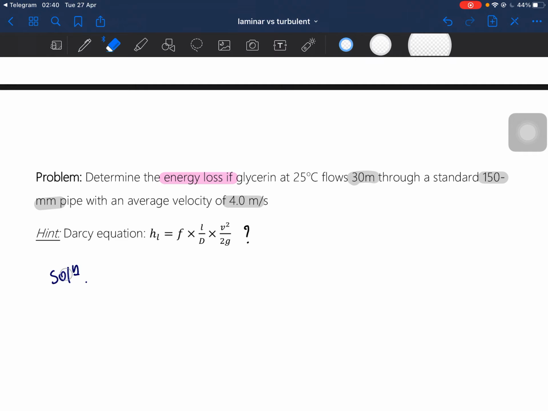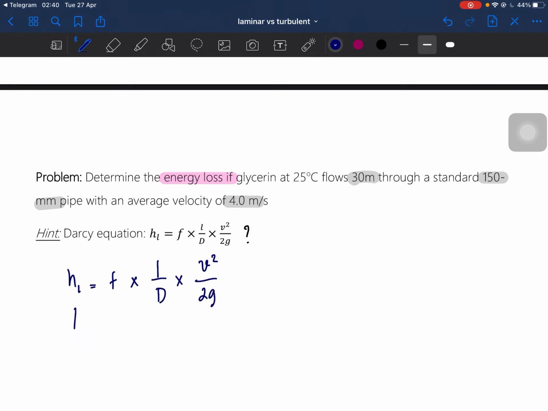Before getting to the solution, I will explain this formula. HL equals F times L over D times V squared over 2G. This is the energy loss due to friction.